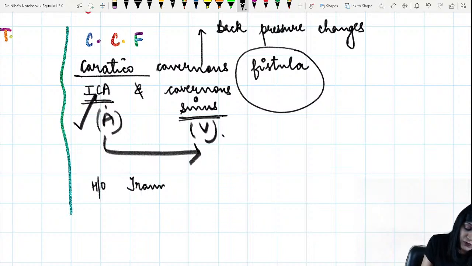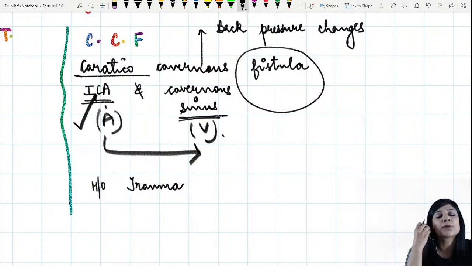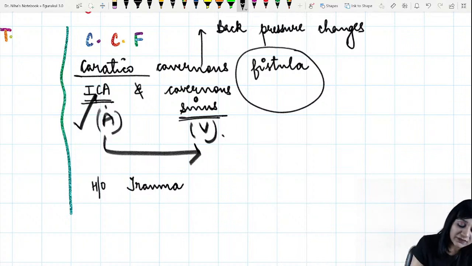Here usually you will have a history of trauma. In cases of cavernous sinus thrombosis or cellulitis, they will give you a history of infection, dental caries, insect venom, sinusitis. But in cases of the fistula, they will give you a history of trauma.